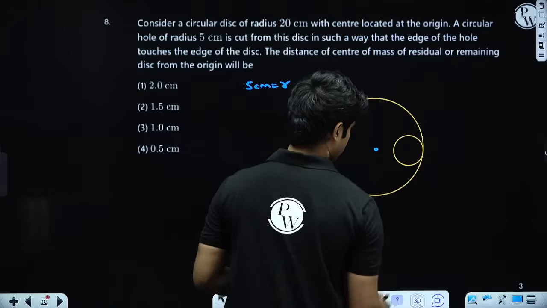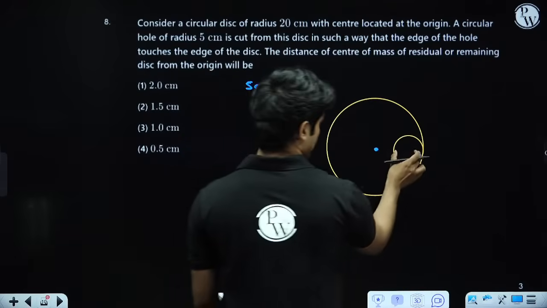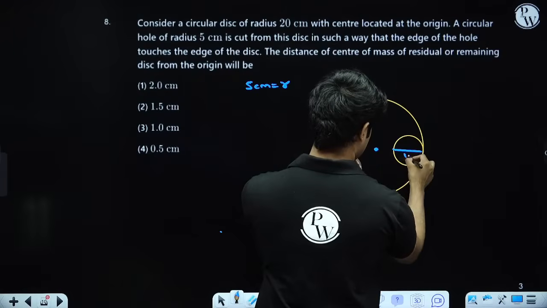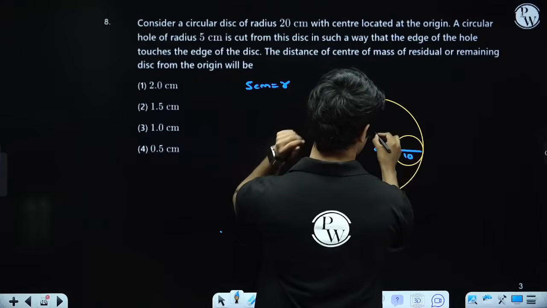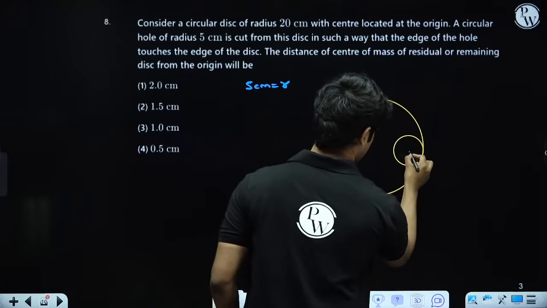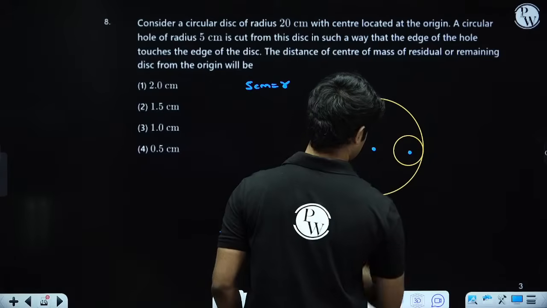Yeah, it will be something like this. Because the radius of the hole is 5, this length will be 10, whereas the radius of the disc is 20, so this length is 20. So this is how the diagram will be. This is the center of the hole, this is the center of the disc.